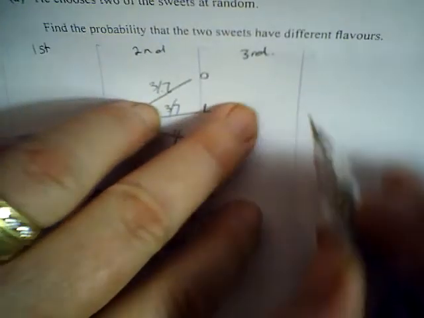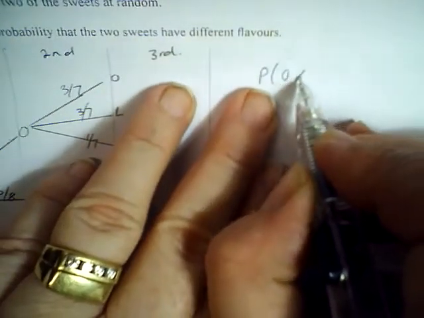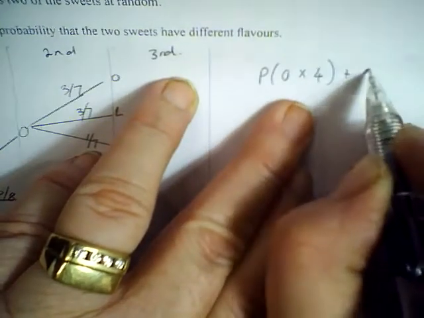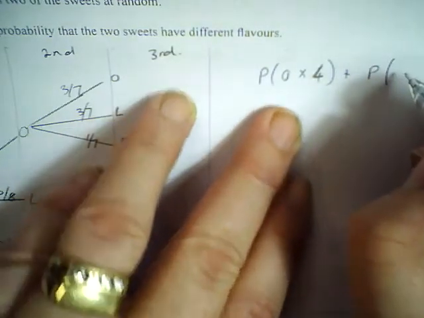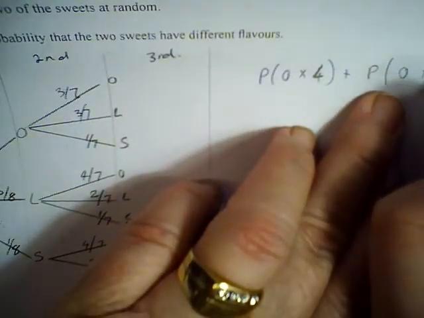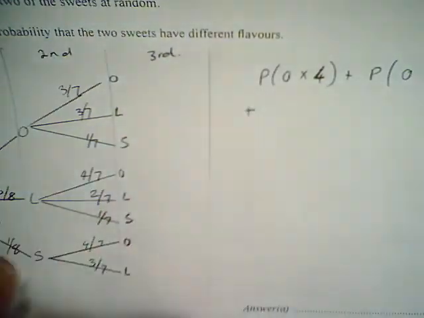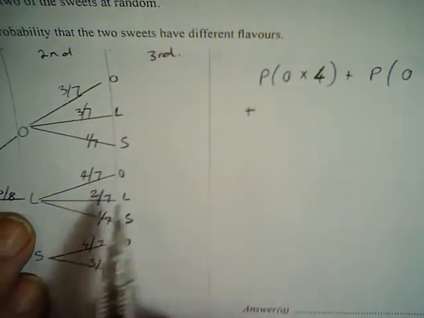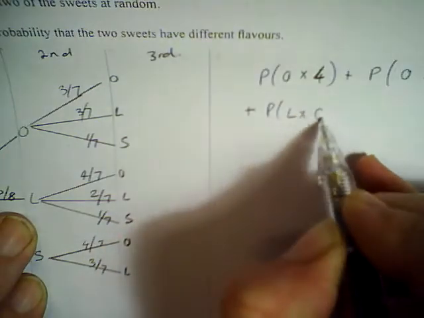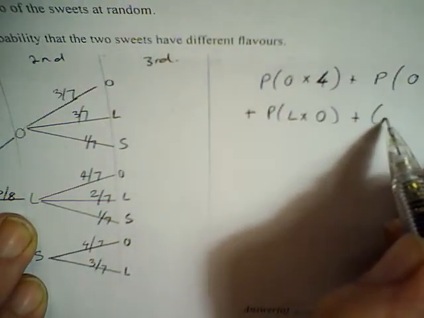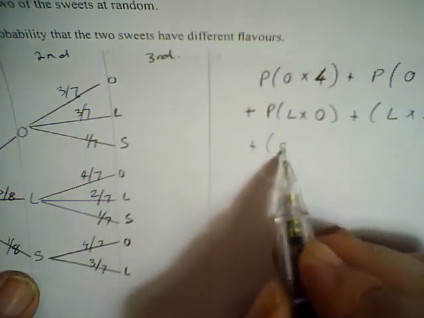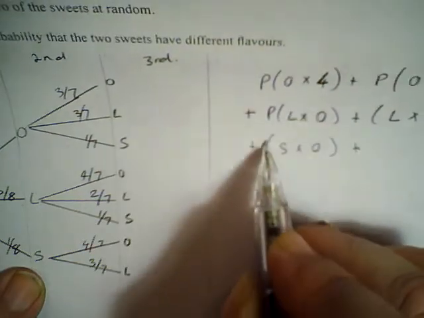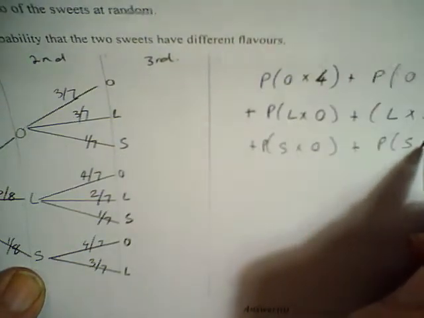Okay, let's write it down. The probability that it would be orange times lemon, plus the probability of orange times strawberry, plus the next one, lemon and orange, plus lemon and strawberry, plus strawberry and orange, plus the probability of strawberry and lemon.